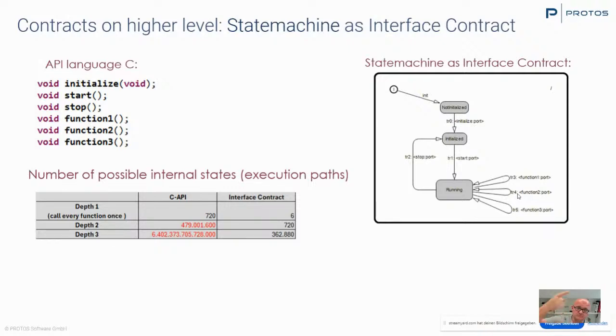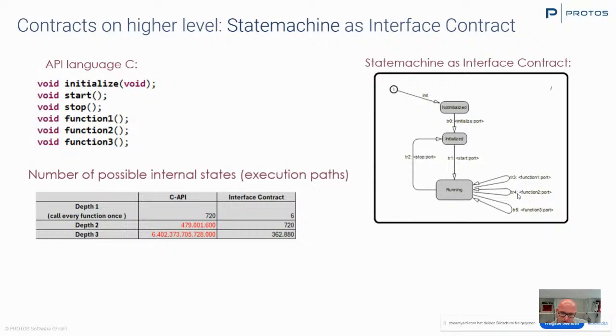If you make a reset and call again, you already have a couple of 100 million possibilities, and in depth 3, it's a lot of numbers here. But if you only call the orders that are allowed in the interface contract, you only have in depth 2 720 possibilities, and so on. So theoretically, you could still in depth 3 run a complete test for all the possibilities you have.